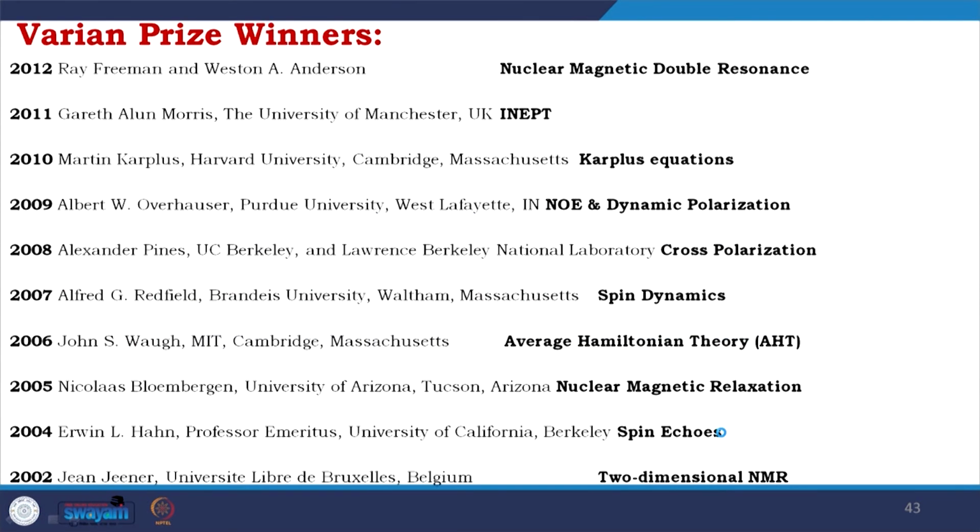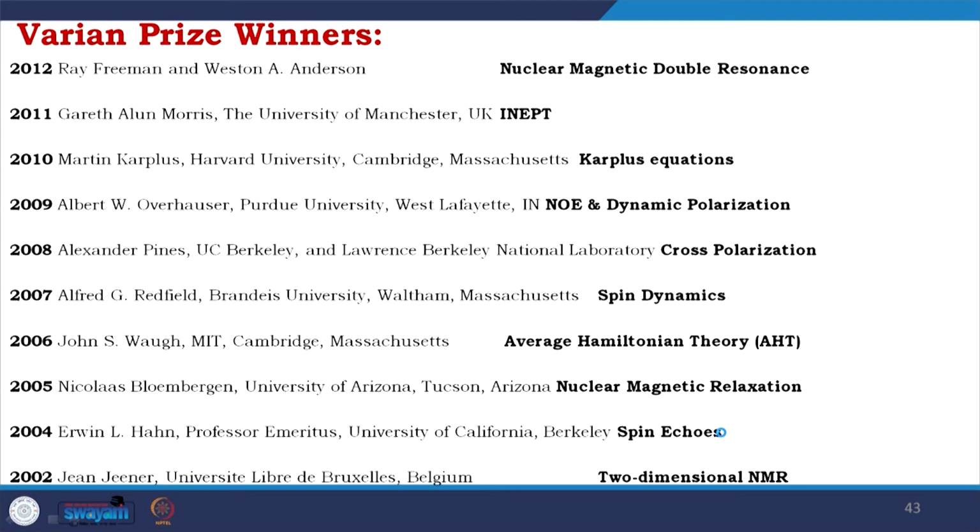So, this is the list of Varian Prize winners. In 2002, Jean Jeener for two-dimensional NMR. In 2004, Erwin L. Hahn, professor from the University of California Berkeley, for spin echoes.